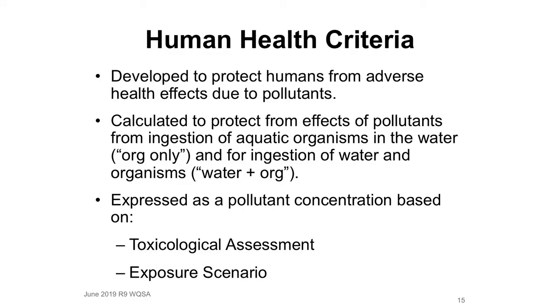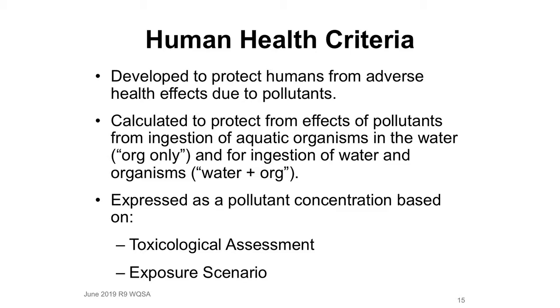Human health criteria are to protect humans from adverse contaminants. They're calculated based on how bad the pollutant is, what types of exposure there are, and what type of organ it's going to affect. There are sort of two classes in the EPA table.